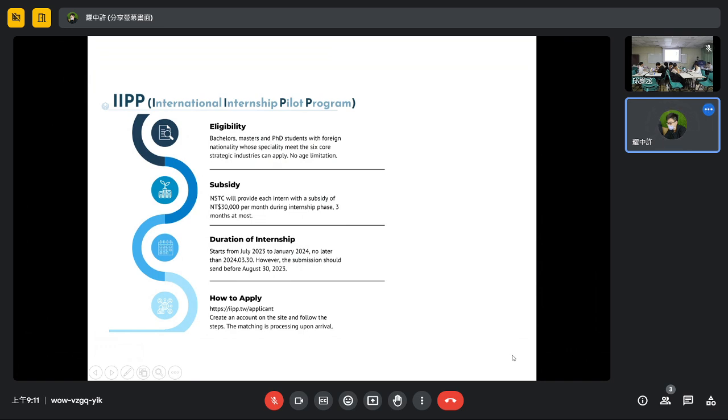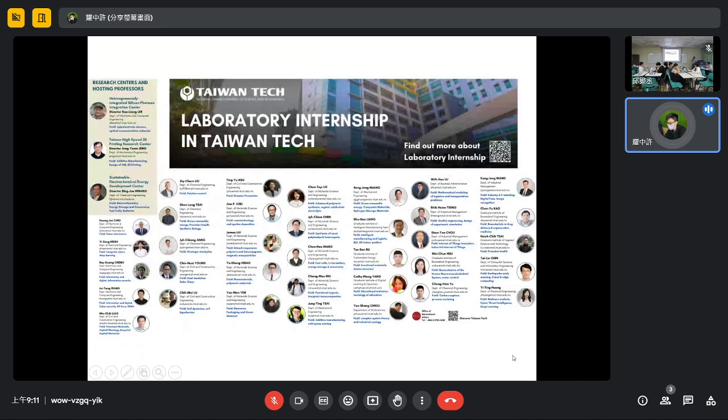I think our university is quite convenient, near the MRT, so it's easy to explore around. For this type, IIPP, the dormitory will be offered on our main campus. And these are the professors offering open positions for the internship program, mostly from the College of Engineering.